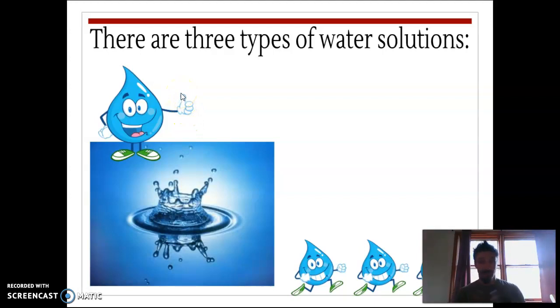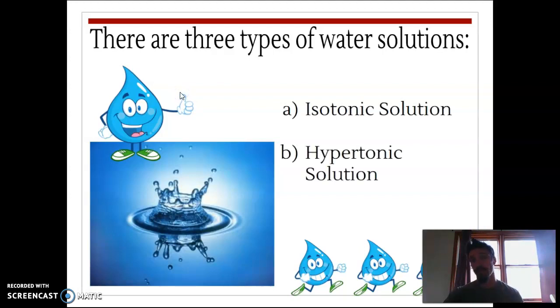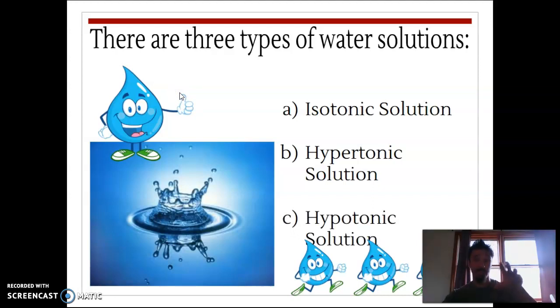Now, ultimately, we've been talking about solutions here, water-based solutions, because your cells live in water-based solutions. There are three types of water solutions. We have isotonic, hypertonic, and hypotonic. All of these referring to a specific concentration of water. And what I want you to think about is your incredible shrinking egg lab, right?